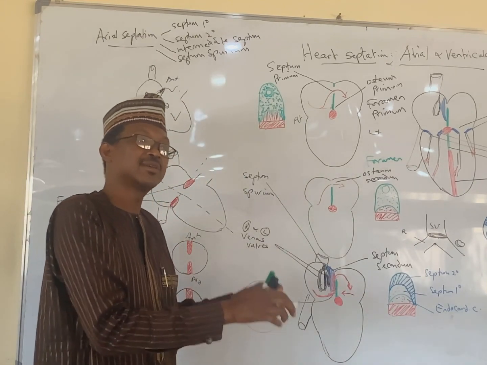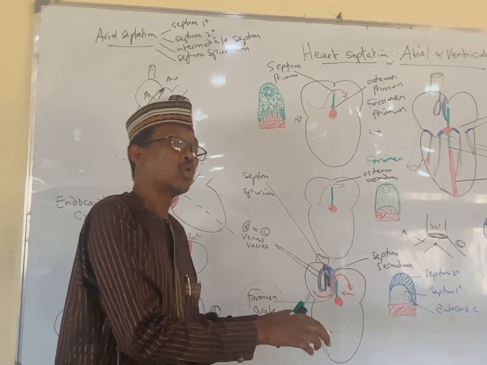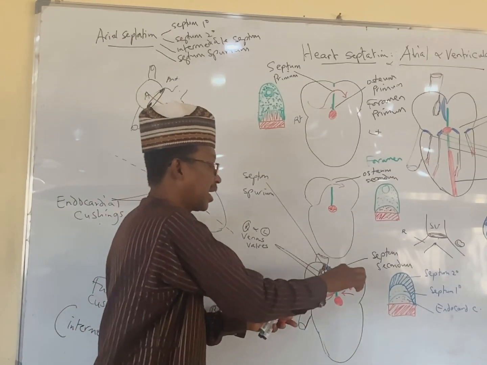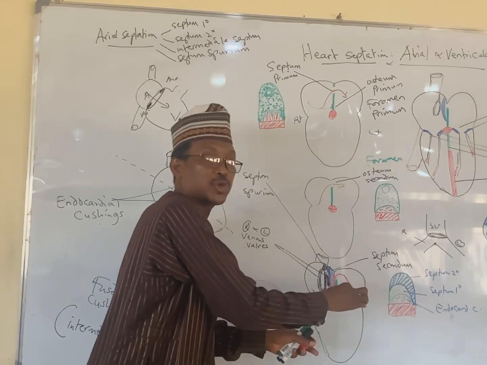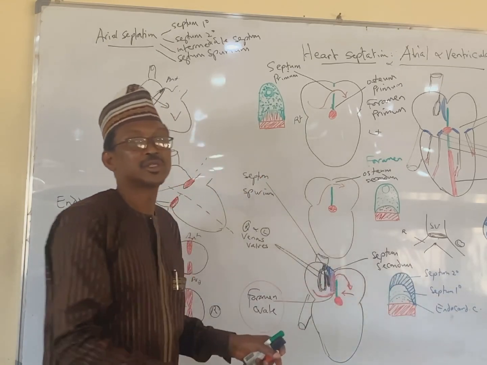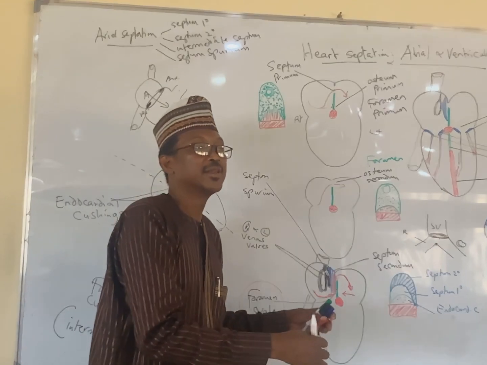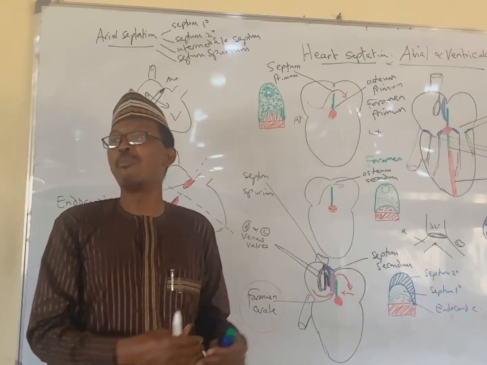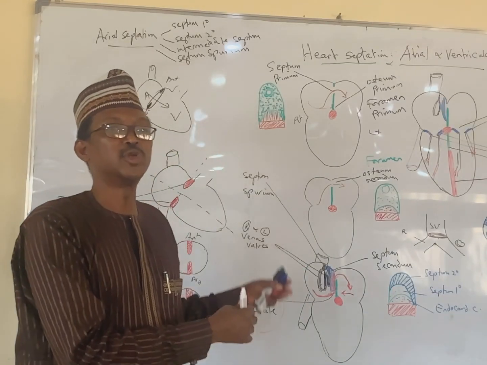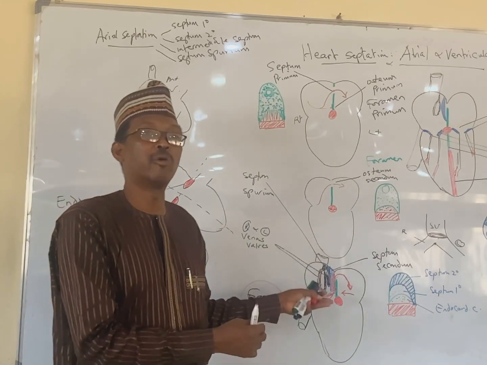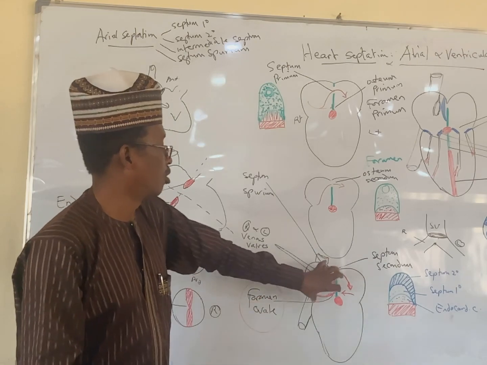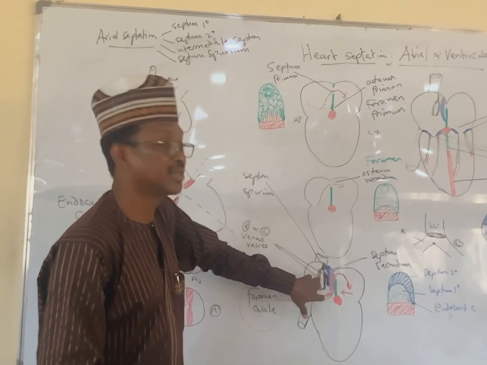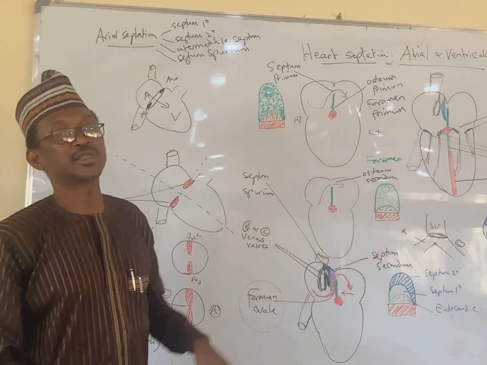So it is that first cry of the baby when the blood comes from the lungs and enters into the left atrium. The blood now pushes the septum primum over the septum secundum so that the two septa become merged together. So there's a merger between the septum primum and the septum secundum, so that you have a complete collision between the right and the left. So this septum is now being formed.